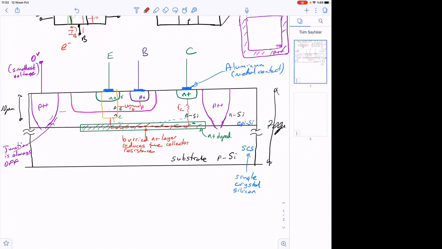In the large signal model, they are not that critical, but in fact your transistor is going to have these kinds of resistances, RB and RC. But thanks to that buried N plus doped layer, the collector resistance becomes small.